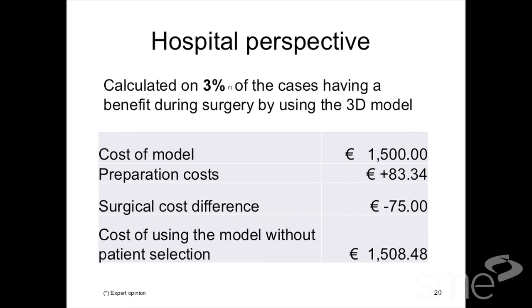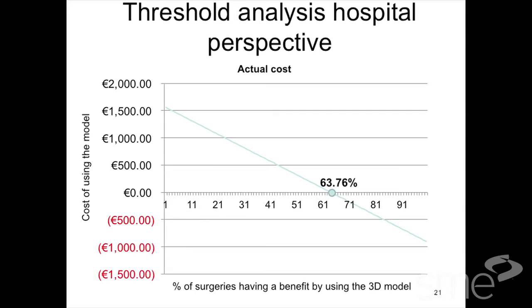So that's a cost, and we don't have something to put against that at this moment. But obviously that's without selecting the patients right. So if we have a better selection of patients, we can find a point where if we select the patients well, we are actually reducing costs. And in our case, it's approximately 2/3 of the patients.